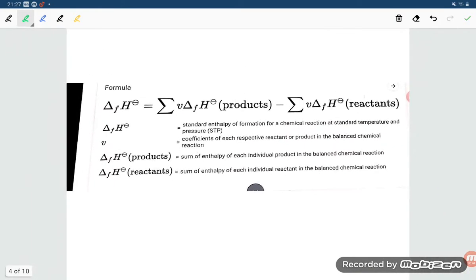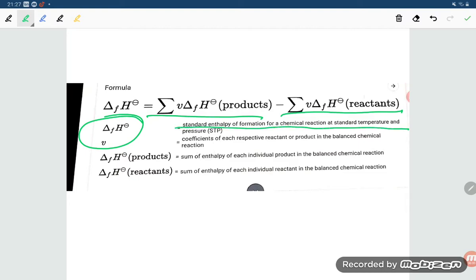Now let us see, students, the formula. Delta HF naught is equal to the summation of delta HF of products, that is enthalpy of formation of products, minus enthalpy of formation of reactants. So delta HF naught is the standard enthalpy of formation of a chemical reaction at the standard state, that is STP, temperature and pressure, and n is the coefficient of each respective reactant or product in the balanced chemical reaction.